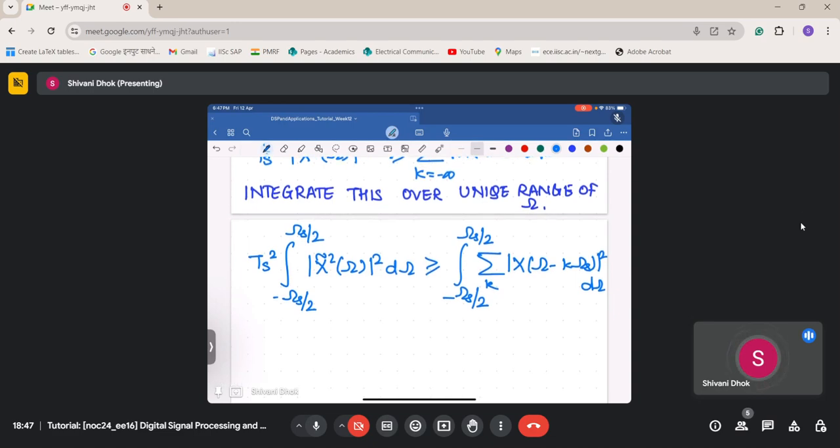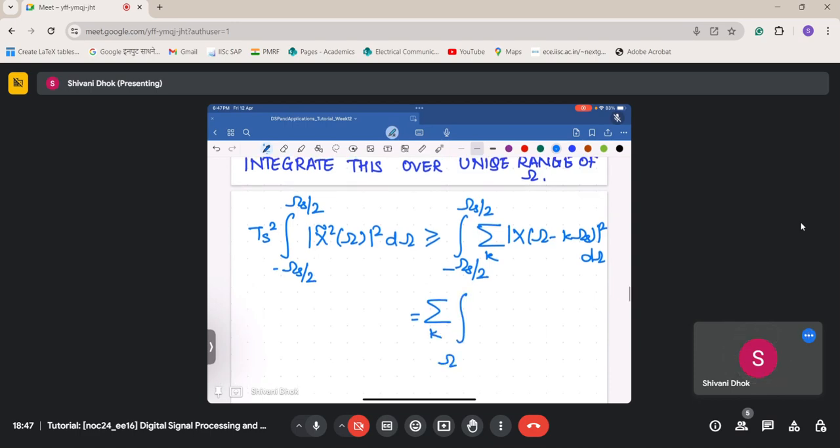Okay, then what I can do is, this is over a unique range, so I can take any unique range, and by doing that I can just change the limits like this.